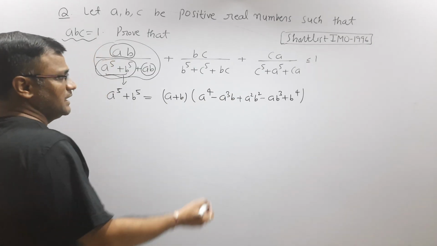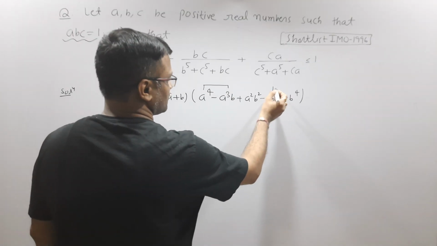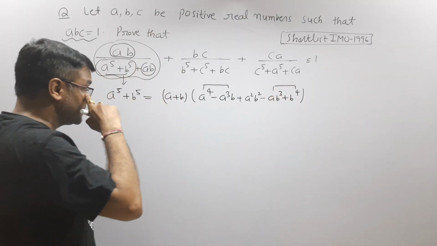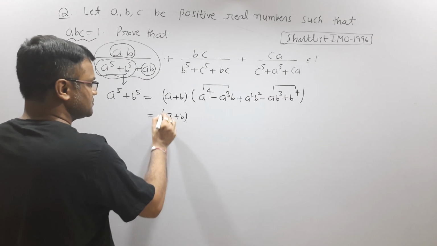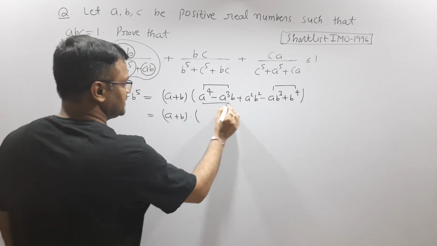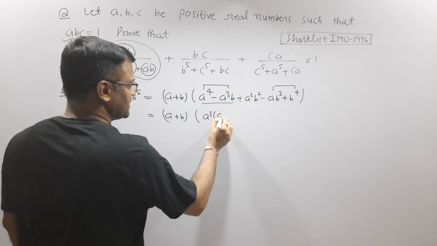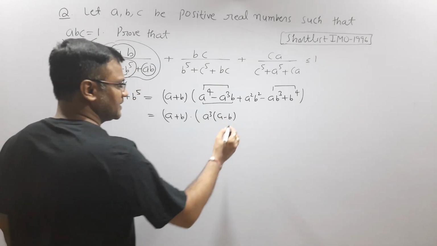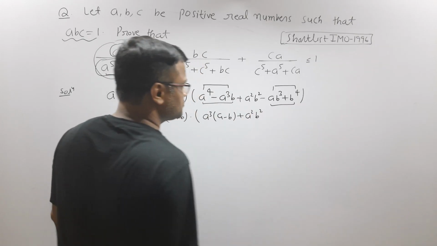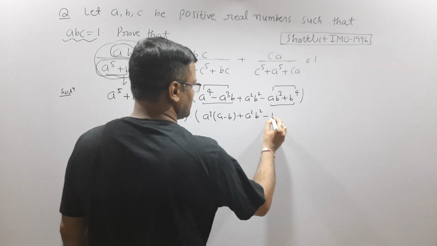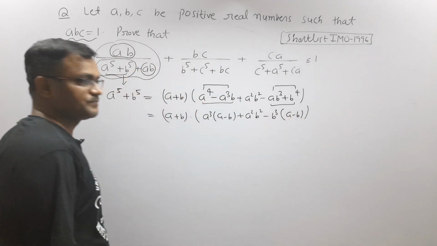Okay, and if we club these terms and make pairs, then what we can write from here is a plus b times, taking out common a cube, a cube times a minus b, the next term copied as it is, and from the last two terms taking out minus b cube common.